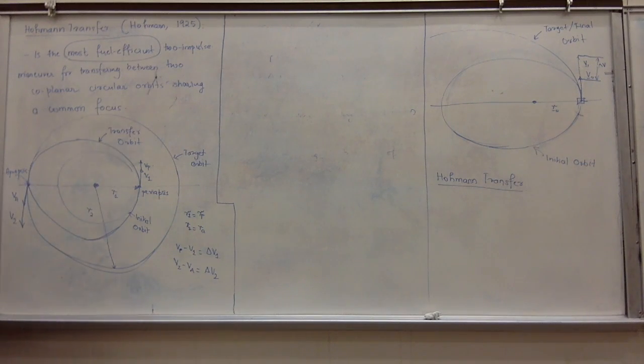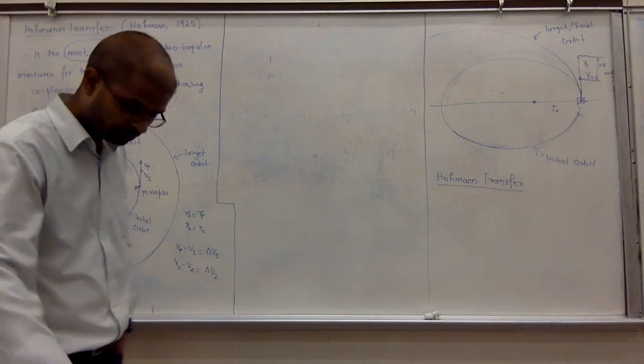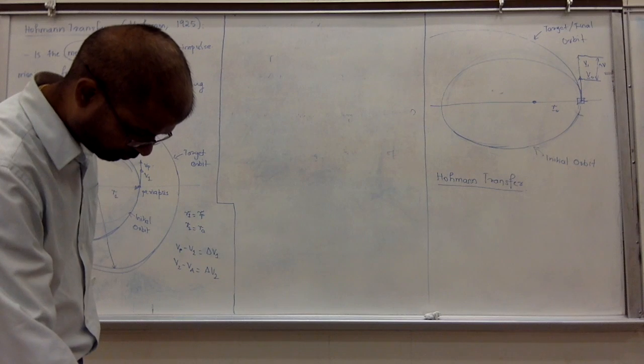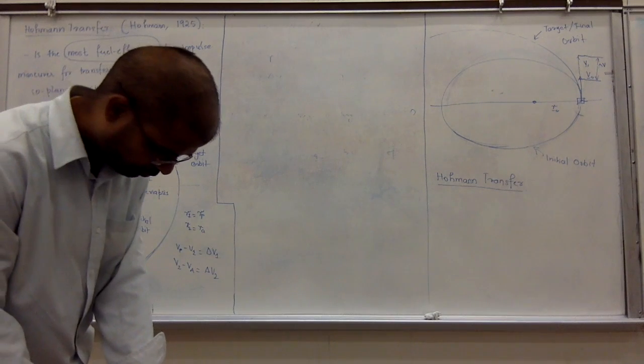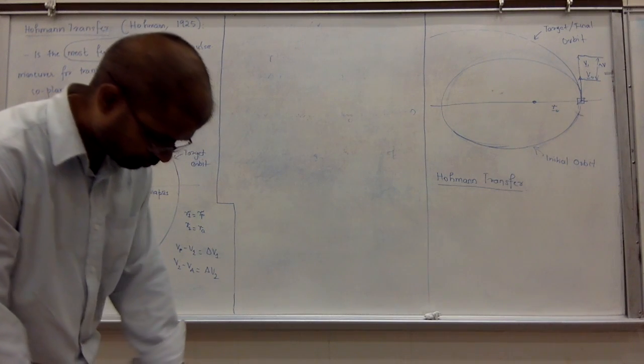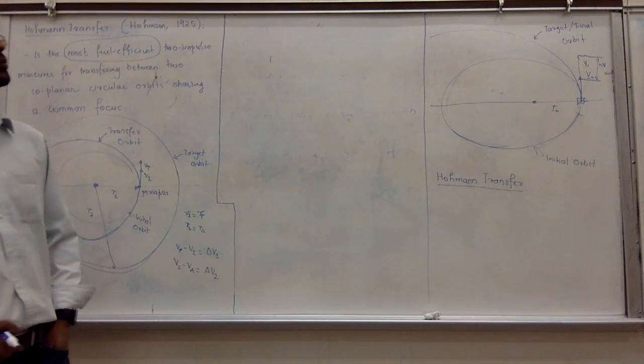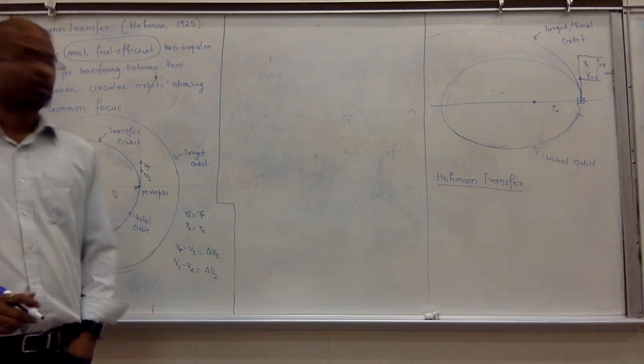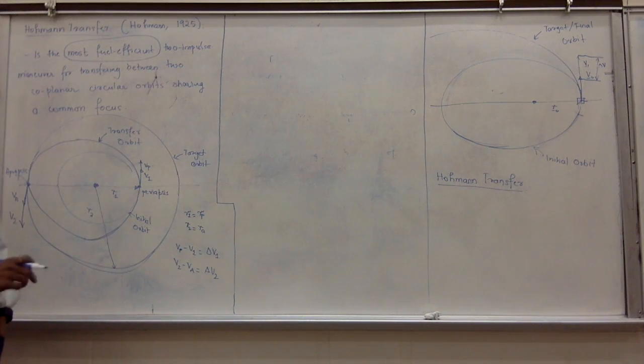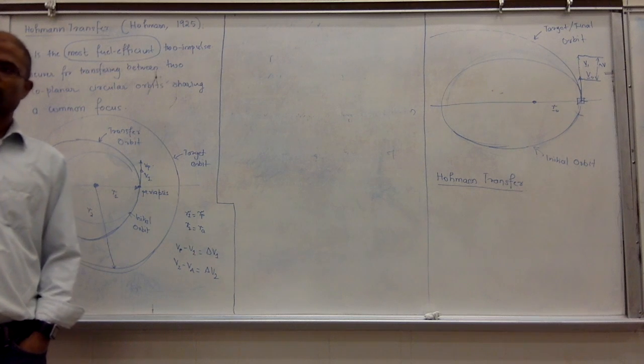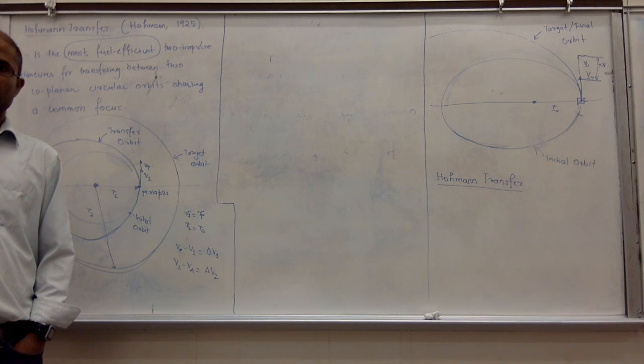Because it started off in an elliptical orbit, it was able to go straight to the target, or should that actually be a transfer of the orbit? See, it depends on what your target orbit is. In most cases, you're not so focused on the orbit itself.